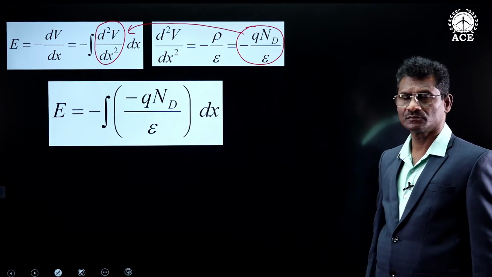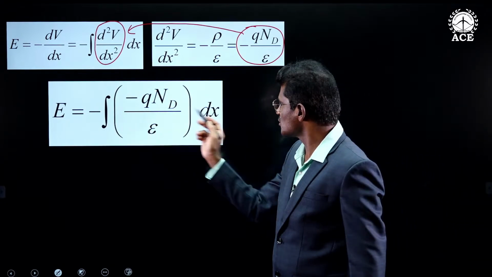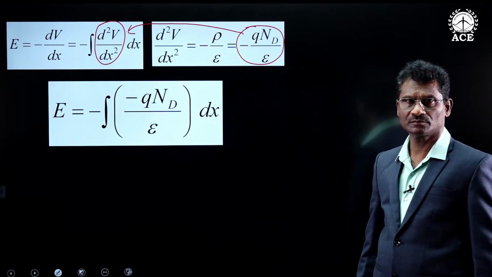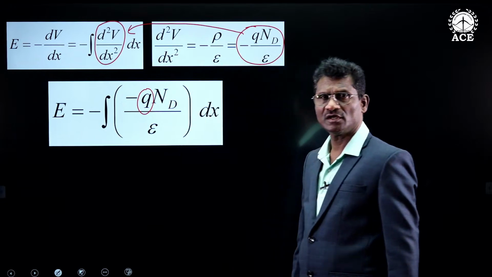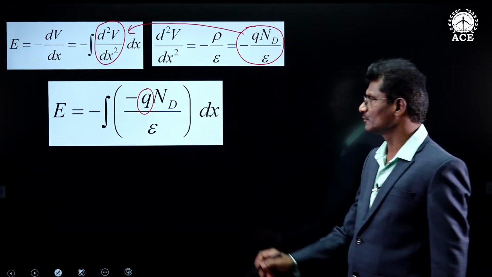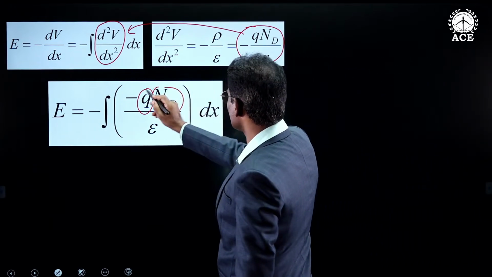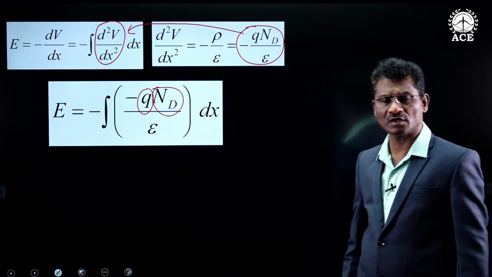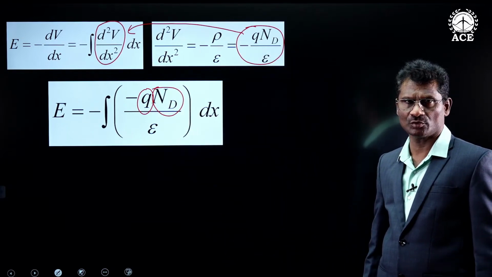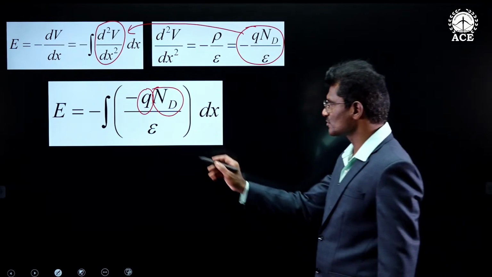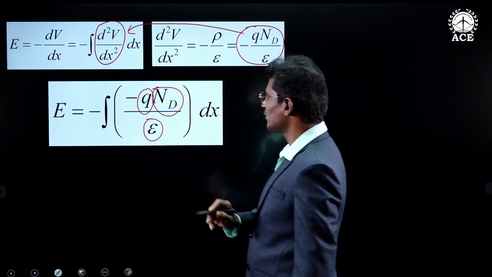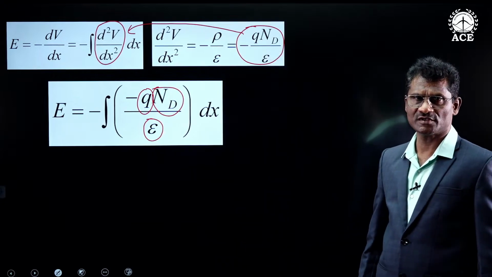So we get this. This integration is being done with respect to distance. If you can observe, Q charge is independent of distance. Donor concentration is number of donor atoms added per centimeter cube or per cubic volume. It is also independent of distance. Epsilon permittivity is also independent of distance.